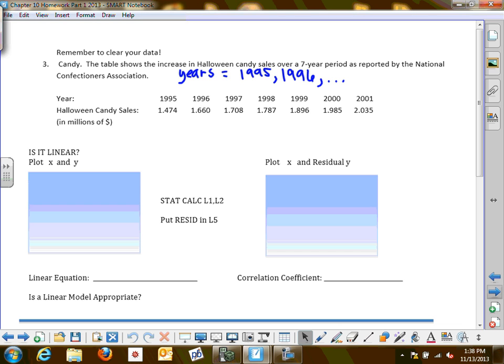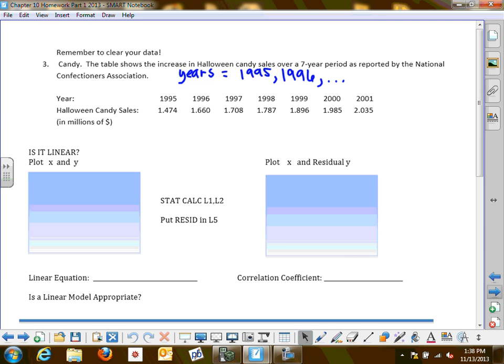Third page, number 3. This problem is about Halloween candy and the years. I want your equation to have the same y-intercept as mine, so put your years in as 1995, 1996, and so on.